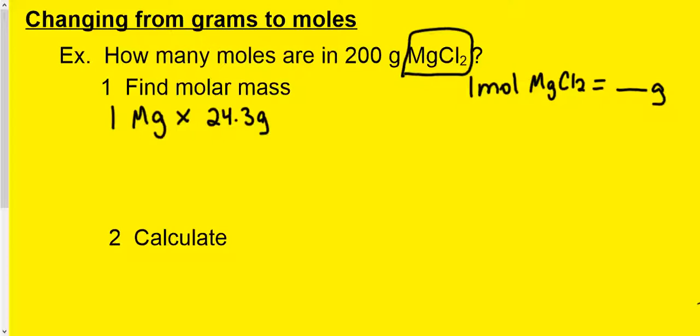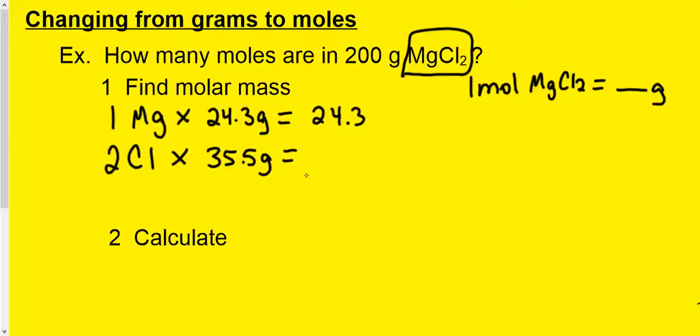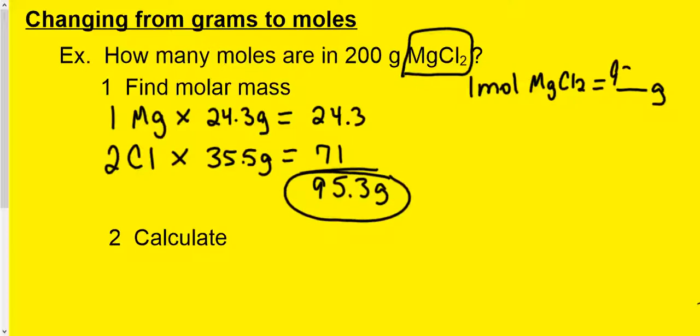Then we see that there are 2 chlorine ions. If we look at the periodic table under chlorine, we will see that each chlorine is 35.5 grams. So we multiply across, we will get 24.3 and 71. Add that together, 95.3 grams. There are 95.3 grams in 1 mole of magnesium chloride.